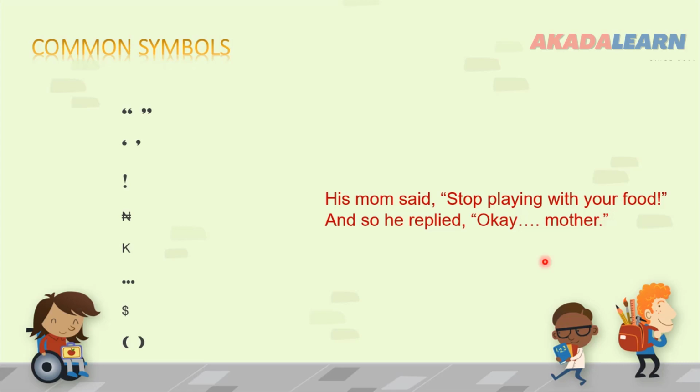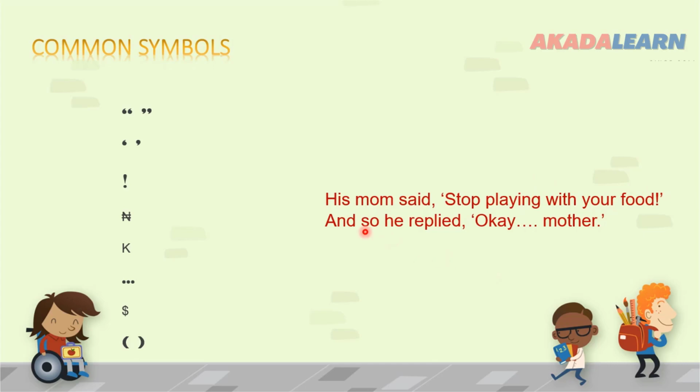All right, so let's look at this again. See, his mom said. Now we have a different kind of quotation mark, but it's still doing the same thing. It's telling us what his mom said. "Stop playing with your food," and then it ends here.